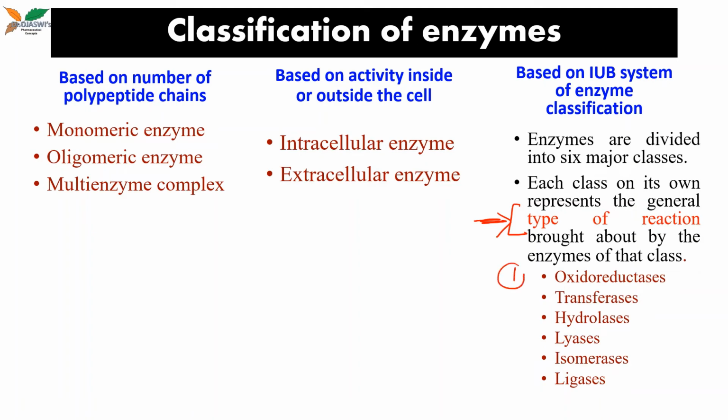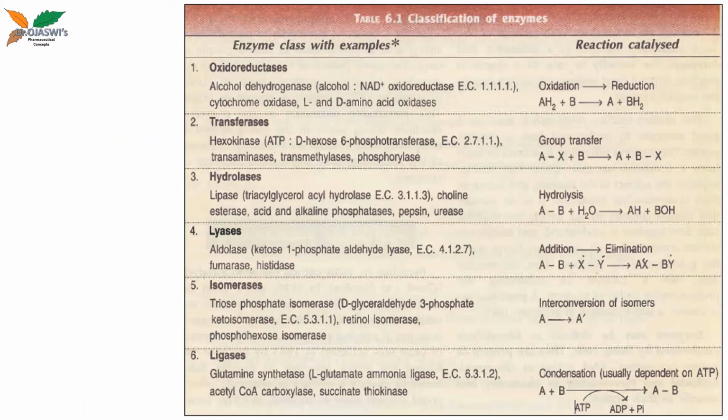So first is oxidoreductases, transferases, hydrolases, lyases, isomerases and ligases. In this image, the oxidoreductases are involved in oxidation reduction reactions, and you can represent this reaction in this manner. Examples are also given here. From each type, at least one example you have to remember.